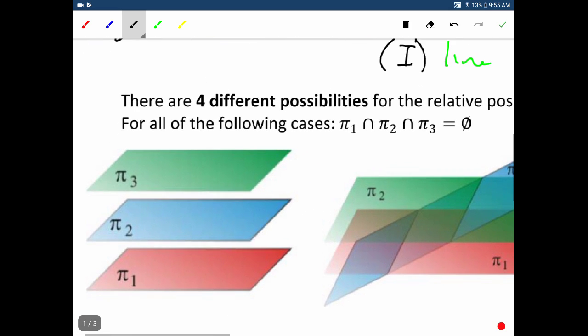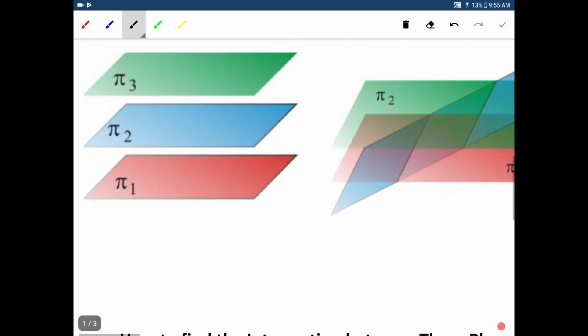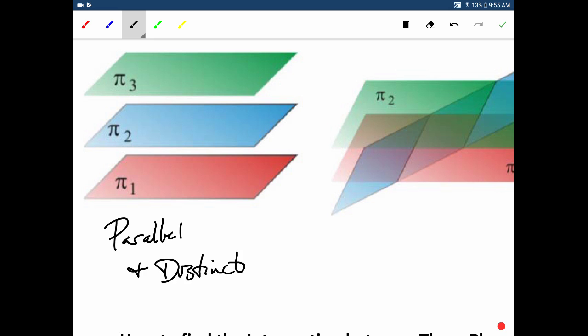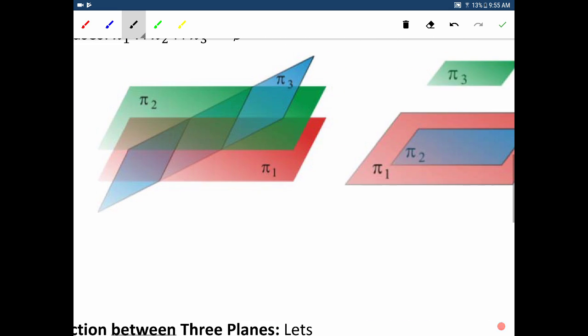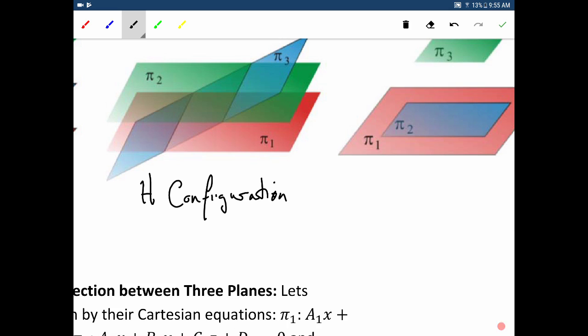First of all, we've got 3 planes, and they're all parallel and distinct. So there are no solutions. Now this next one, we call the H configuration, because if we had a cross section, it would kind of look like that.